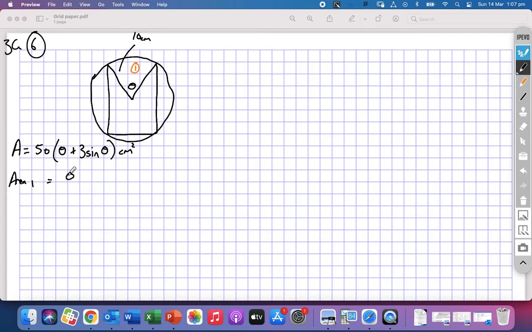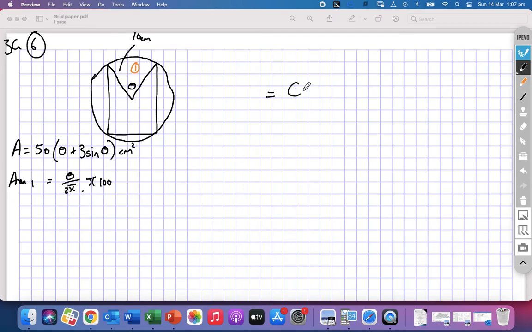I've got a fraction of the circle as defined by theta out of 2 pi times the area of a circle, which is pi r squared. Oh, the r is 10. Let's just write 100. 10 squared is 100, right? Pi's will cancel there and there. 100 will divide by 2. Hopefully you can see this.